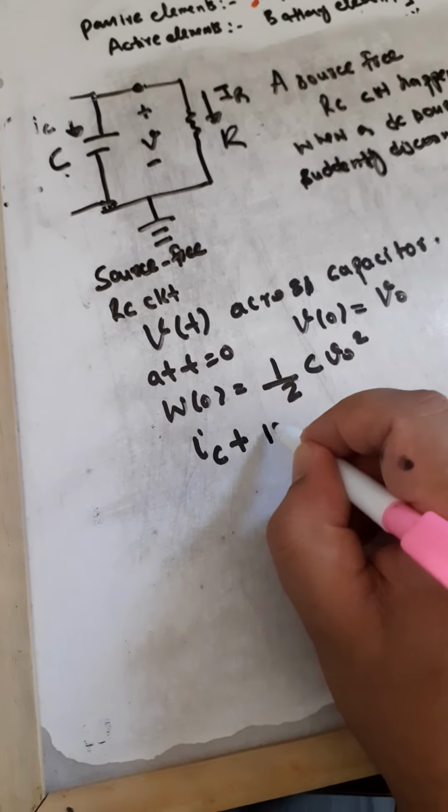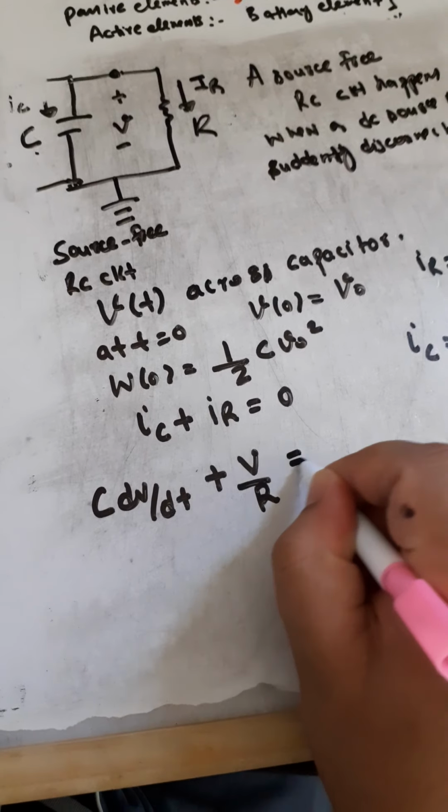So you can write I_R in terms of V by R, and for I_C, you can write C dV by dt. I have shown you that I_C is equal to C dV by dt. We derived that, it was important, that's why we did it. So we can write C dV by dt plus V by R is equal to 0.